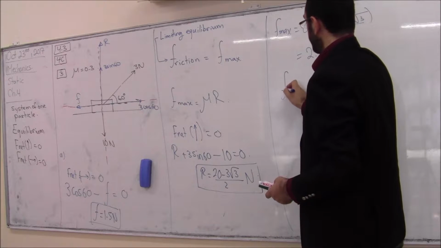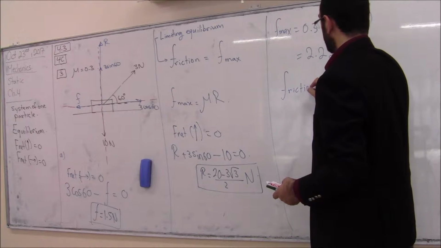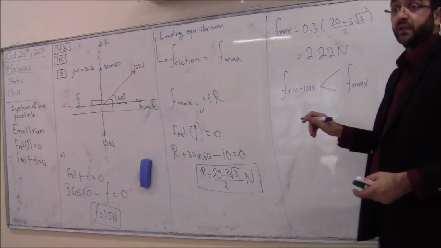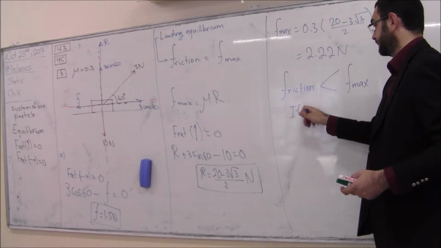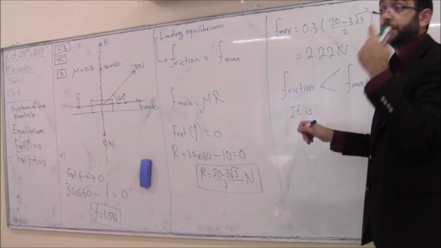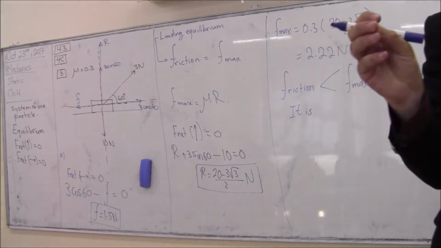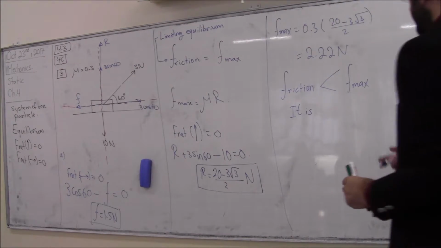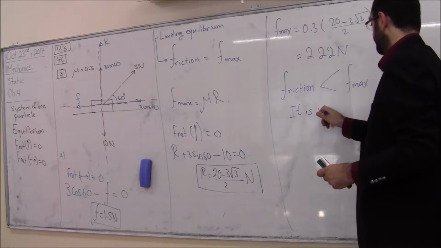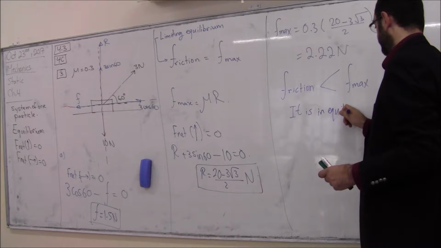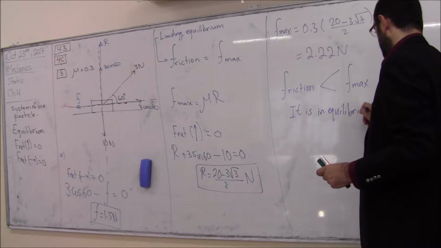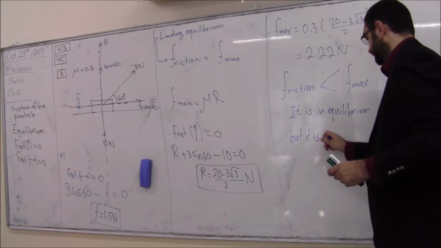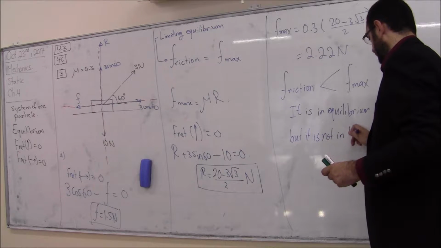So the friction is less than F max, so it's not limiting. It is in equilibrium, but it's not in limiting equilibrium.